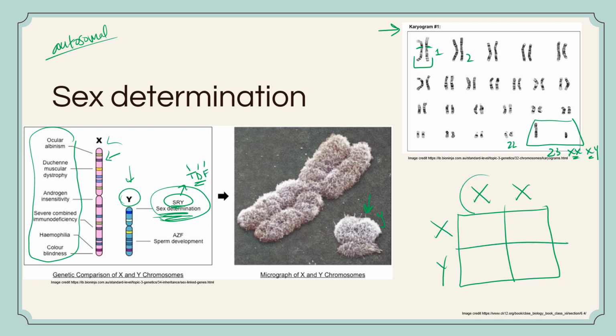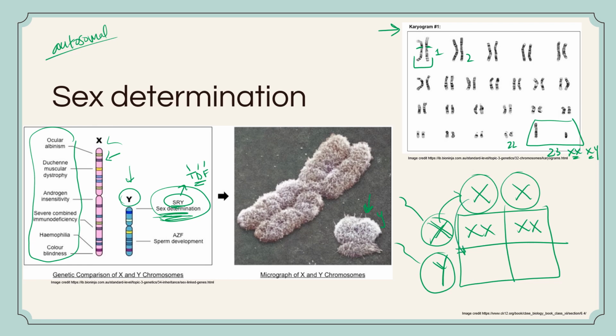Eggs, because the female is XX, the eggs will always have an X chromosome. The sperm, because the males are XY, some sperm are X and some sperm are Y. When this sperm meets this egg, we get 2 X's, and again, assuming normal development, a child with ovaries will be born. Again, XX, ovaries.